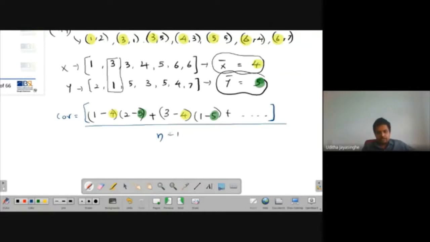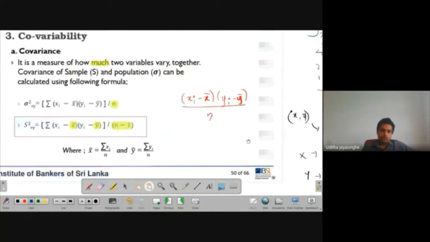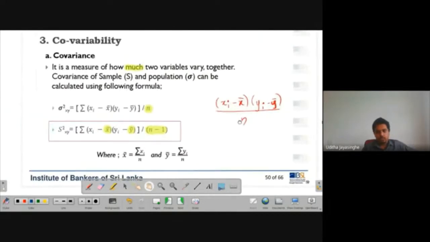Since most of the time I'm looking at a sample, let me straightforwardly take it as n minus 1. Then for this answer, we get the value for covariability. That's why I have defined here x bar as the sum of xi divided by n, and y bar as the sum of yi divided by n.